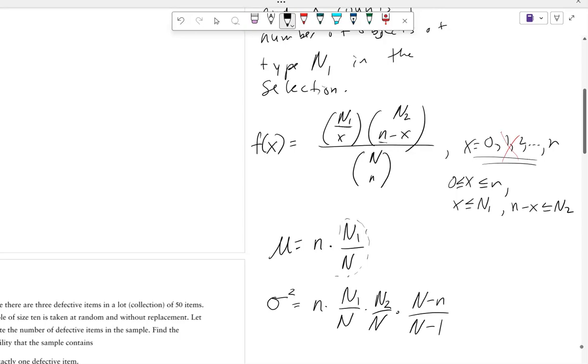This is less than 1. But notice again, if your size of your group that you're choosing from is big relative to the number of objects you're picking, this is going to be really close to 1. Right? So again, if you've got 300,000 objects and you're picking 5, 299,995 over 299,999 is close to 1, right?